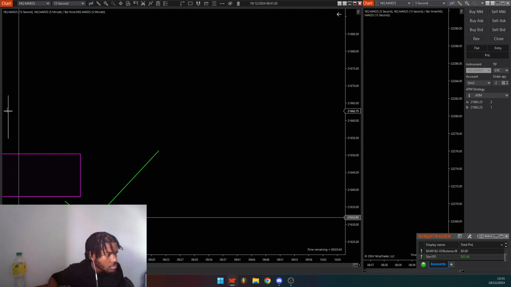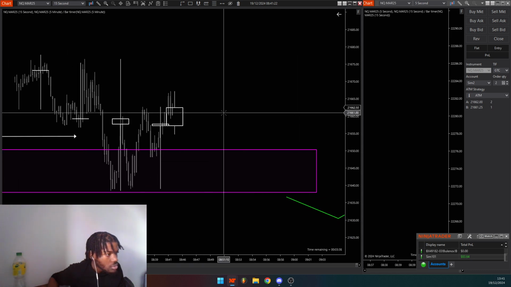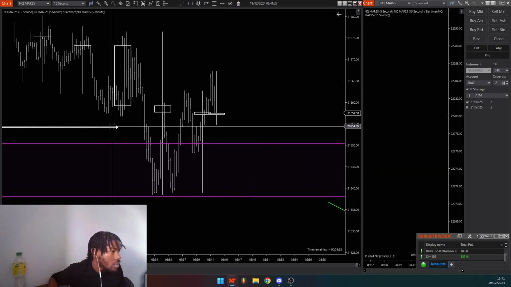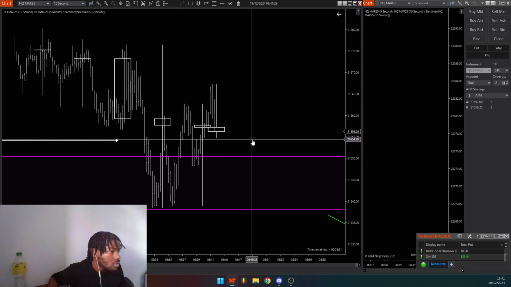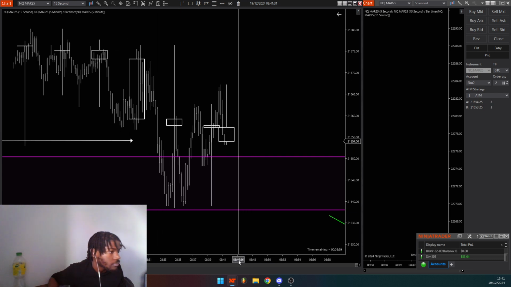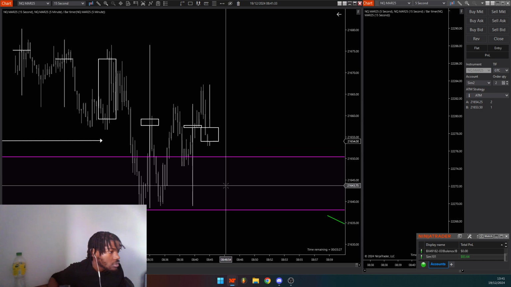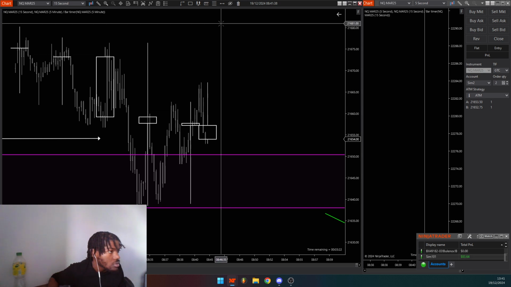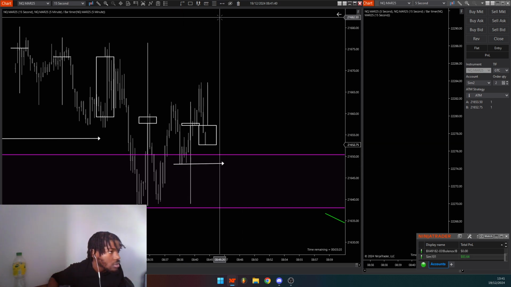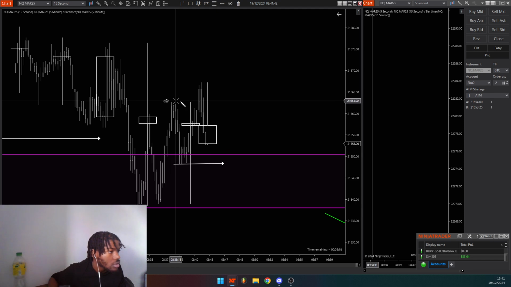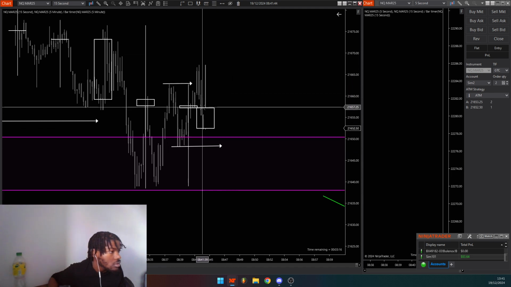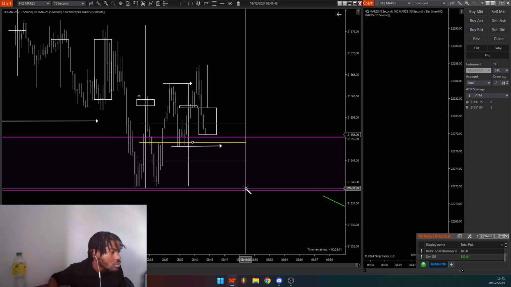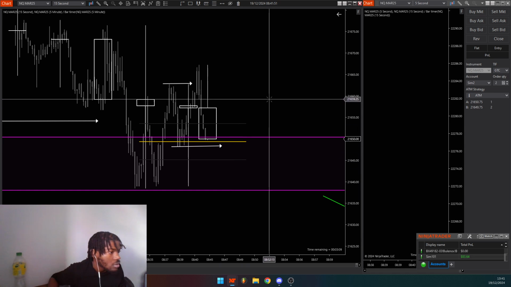So apart from that, I'll read structure right now. We got a failure to close, which is what I like to see. So I want to see this low taken out. We did not create hidden S&D for deeper mitigations into this level, probably at the 70%.